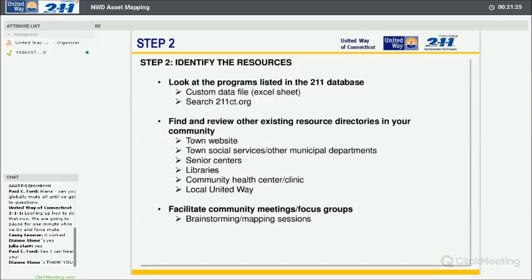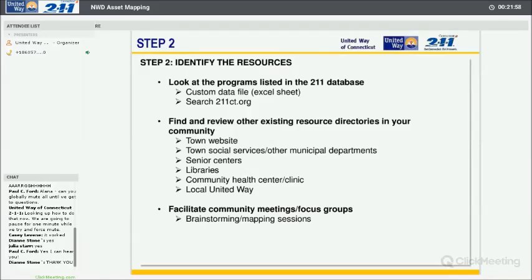Community health centers or clinics often have their own directories because they also try to refer folks to resources. And the local United Way sometimes as well. So, those are some potential groups to connect with to see if they have existing resource directories.